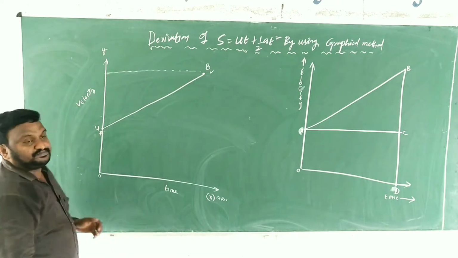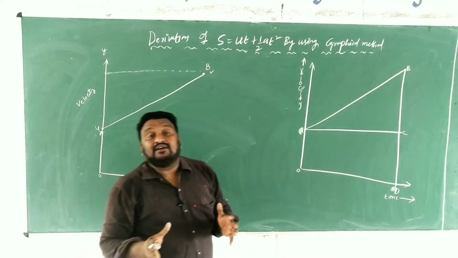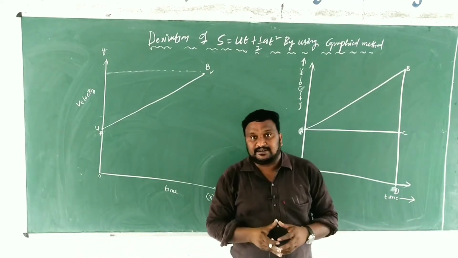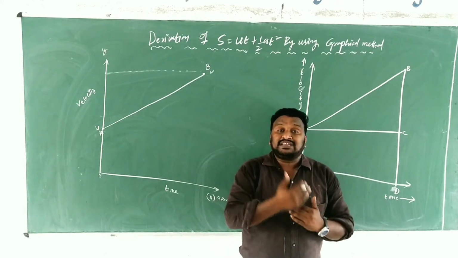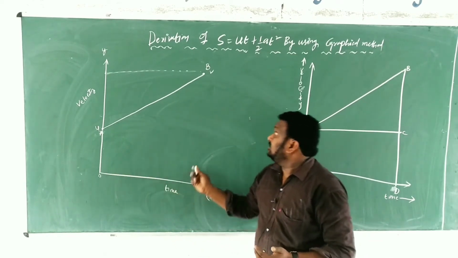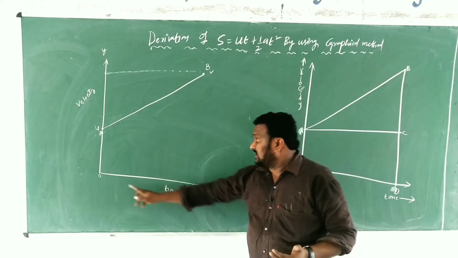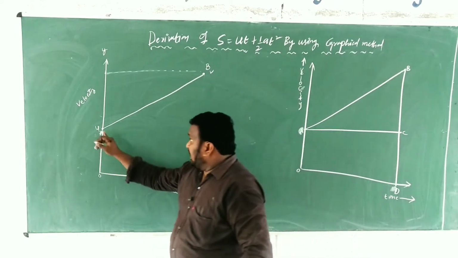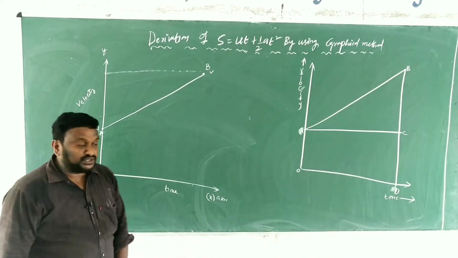So that is the situation. The body initially has some velocity u at point A. Up to here the time is t seconds. Clear? When the body is at A, time is 0.